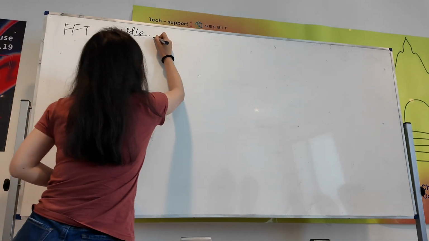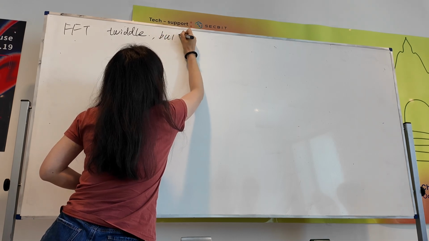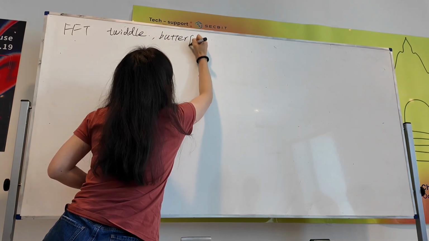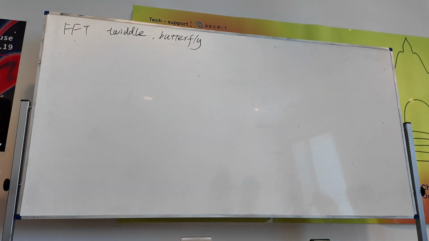So this is the first term. The second thing I want to explain is butterfly. Has anyone heard of this as well? Nice. It is a graph for visualizing the steps of FFT. I want to introduce it because I think it will help to understand what twiddle is.